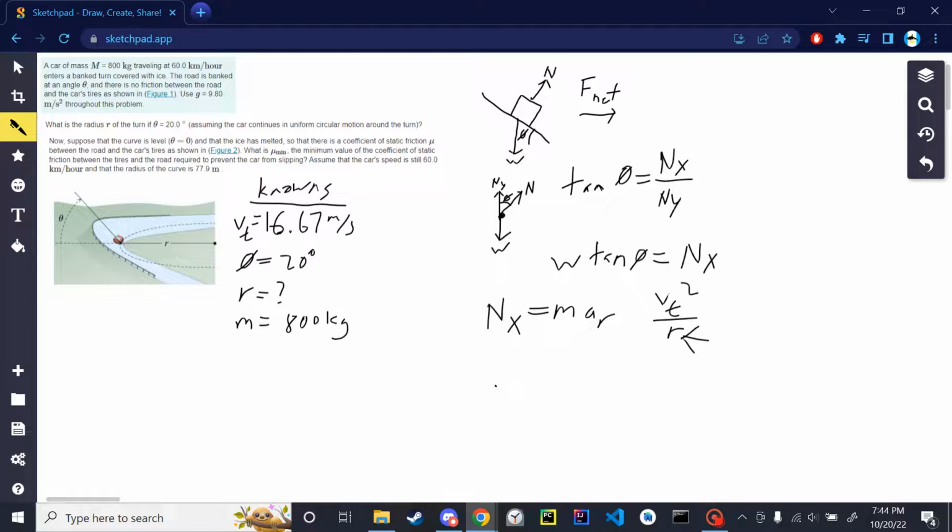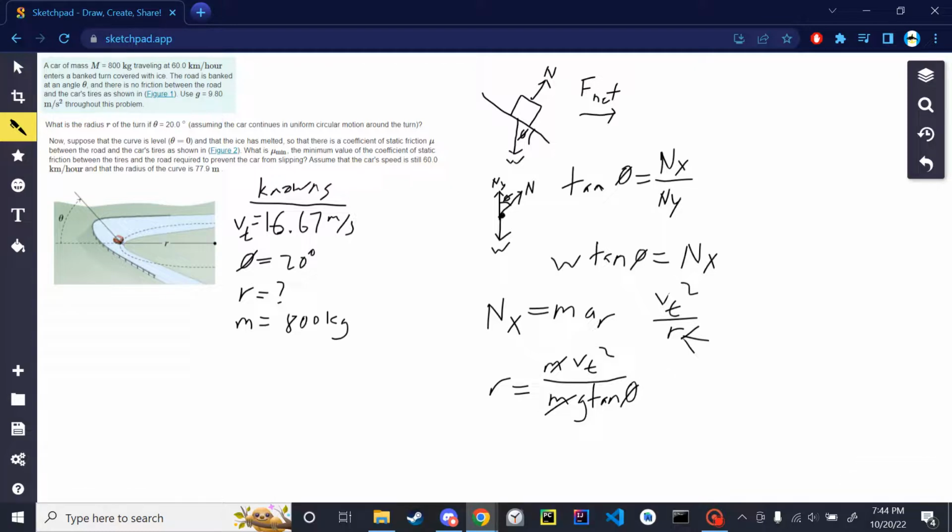So our radius is equal to the mass times the velocity squared divided by nx, and nx is equal to w tangent theta. So we got mass times g, which is the w, and then we got the tangent of theta. Yeah, that's awesome. Masses cancel out. Mass never matters. They always cancel out.